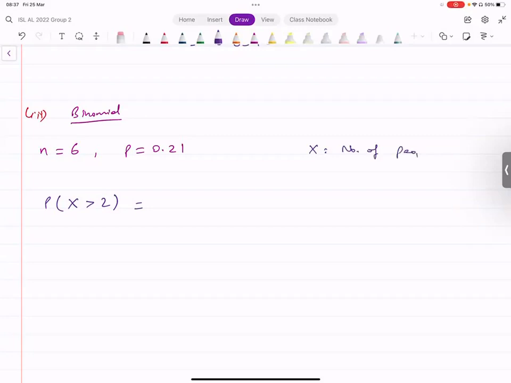Number of people having visits lasting longer than 10 minutes. That's what x represents. So what's the probability of x being greater than 2?